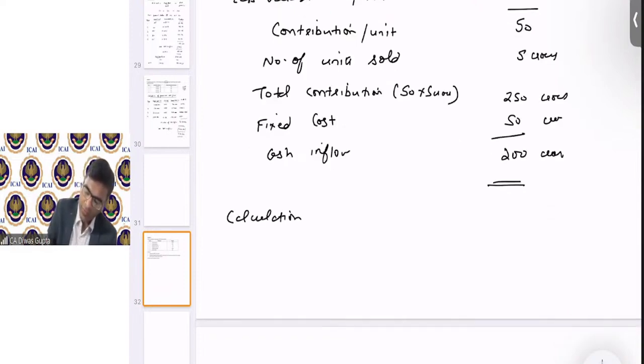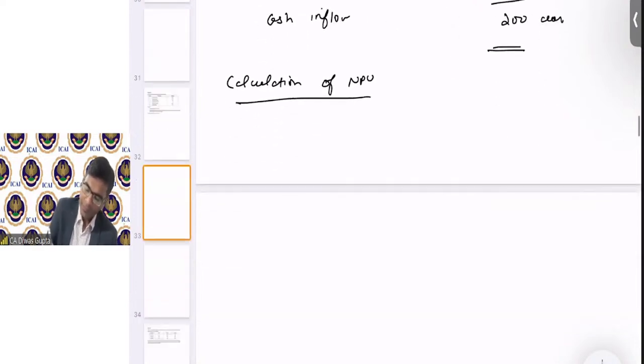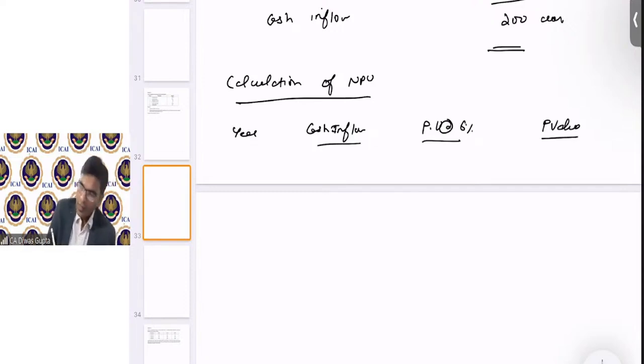Now calculation of NPV. We can simply put year, cash inflow, present value factor at the rate of 6%, and present value itself. Okay. So year will start with 0, 1, 2, 3.